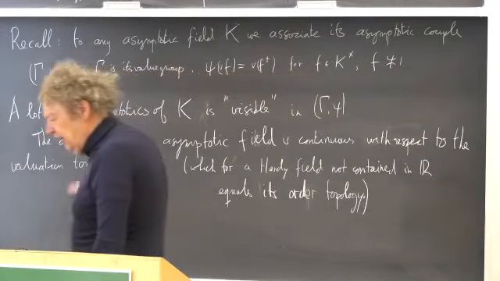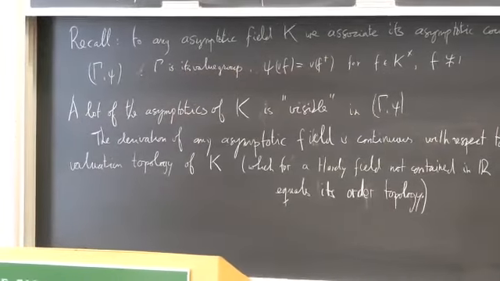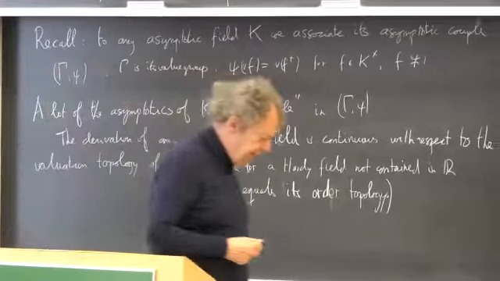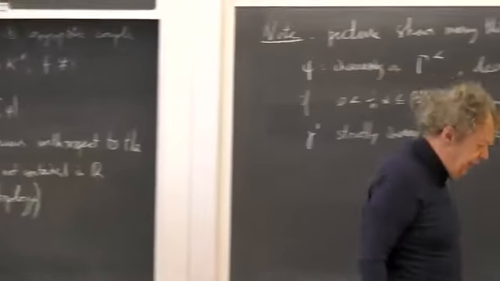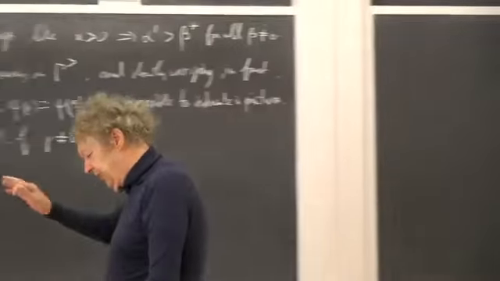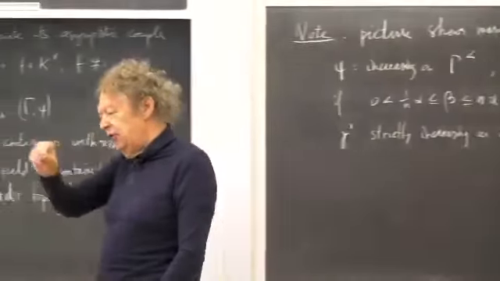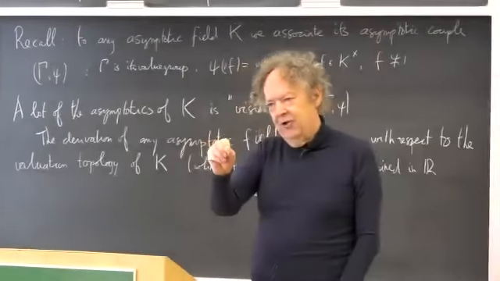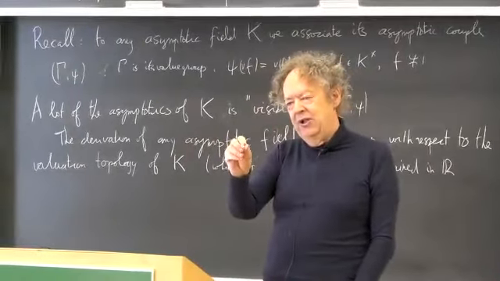A lot of things that we know about H-asymptotic fields, if you make a little extra effort, you can also prove for asymptotic couples. Hardy fields are kind of like that, right?